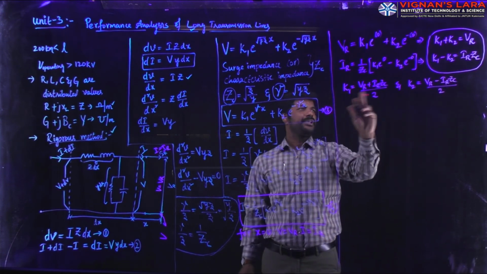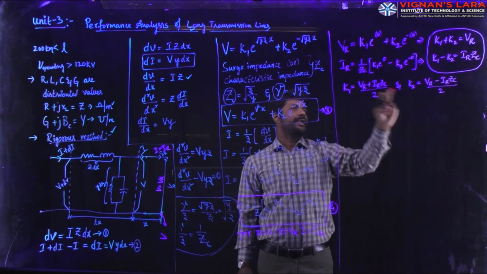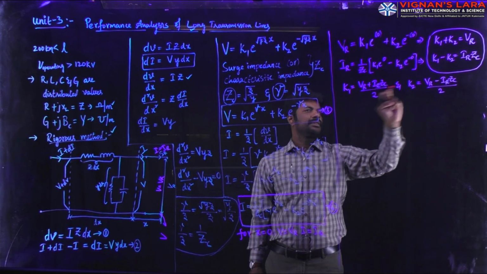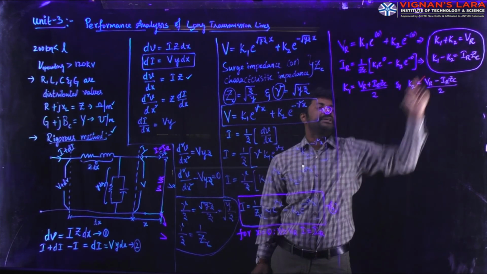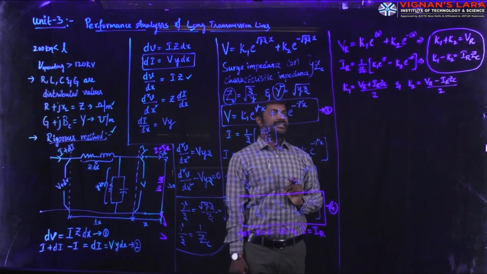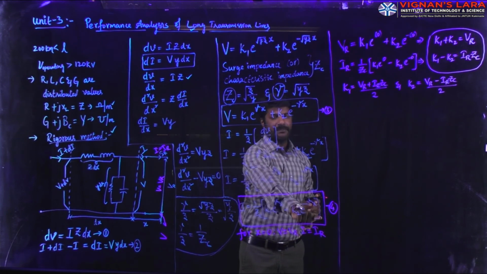If you add up k1 and k2, you will get VR by 2 plus VR by 2, cancelling the other terms. Then k1 plus k2 is VR, which is satisfied for this equation. Once we have the constants k1 and k2, substitute them in equations 3 and 4 for the complete solution.